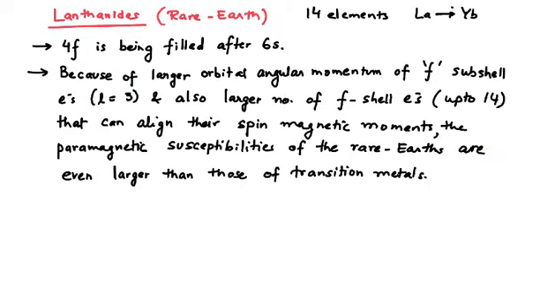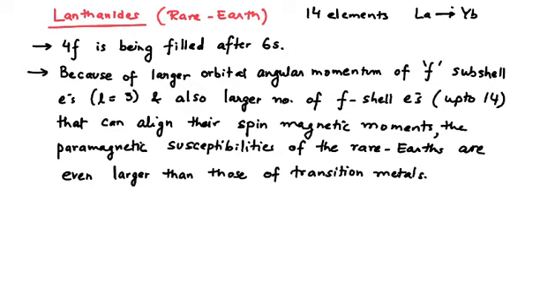Now let's look at another set of elements which are called lanthanides. These are also called rare earth elements. In all there are 14 rare earth elements, all the way from lanthanum to ytterbium. And in this series of lanthanides, the 4f subshell is being filled after the 6s subshell.